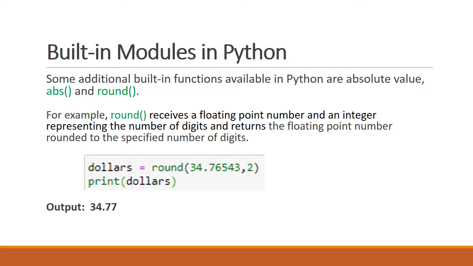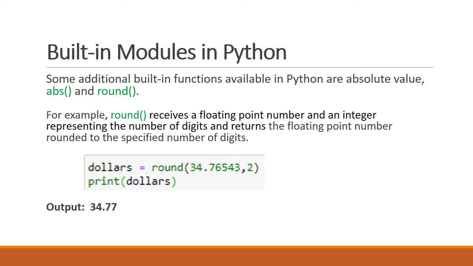Some additional built-in functions available in Python are absolute value and round. For example, round receives a floating point number and an integer representing the number of digits and returns the floating point number rounded to that specified number of digits.